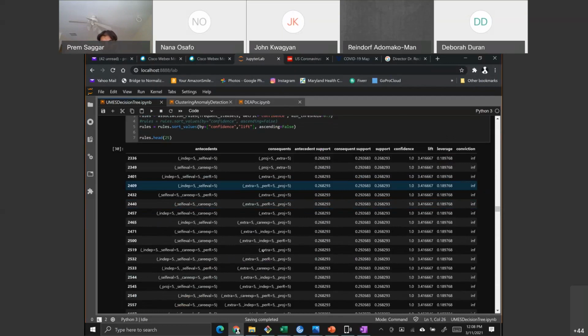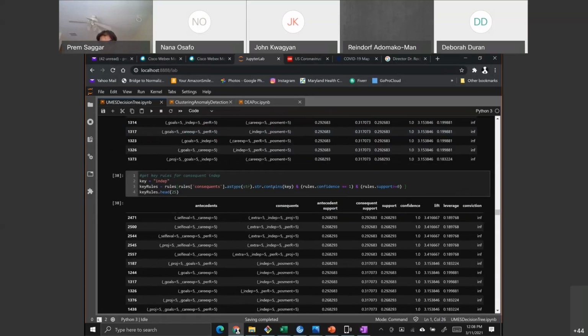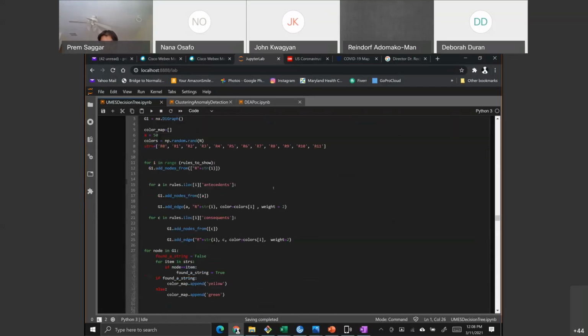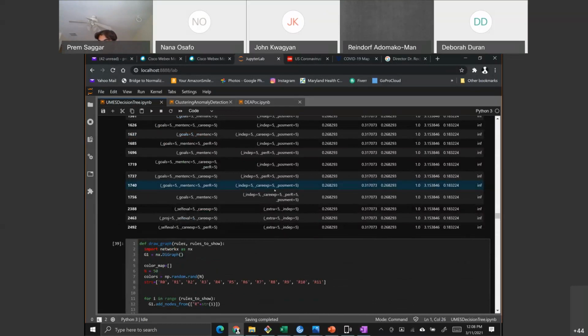So then the organization decides, okay, we want to target such and such variables, after seeing what the rules are, after seeing what the associations are. And then you can run it through the decision tree, and you will be able to get what the rules are to get certain outputs.